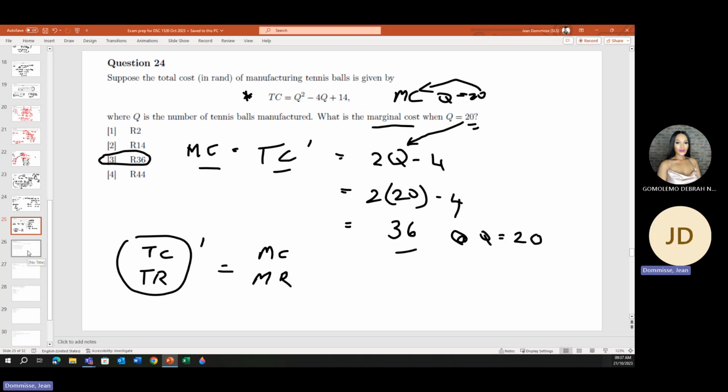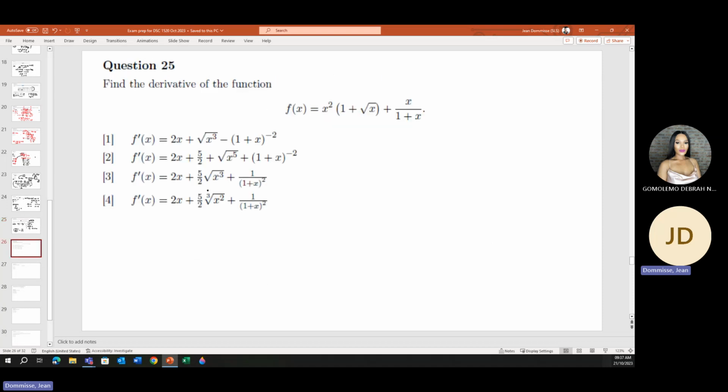Okay, the next one again becomes a bit more difficult. They want us to find the derivative of this function. When I look at something like this and I see the square root, I first want to simplify that.